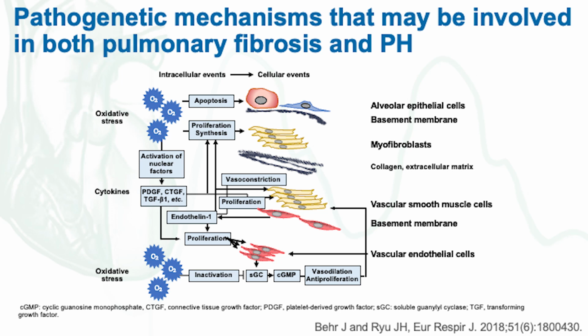You have apoptosis, proliferation, activation of nuclear factors, PDGF and TGF-beta, and then a combination of vasoconstriction and proliferation and elevations in endothelin and more proliferation. And all these things, this oxidative stress mechanism, involve soluble guanylate cyclase and cyclic GMP. So it makes sense that we've been tempted to stretch the envelope.